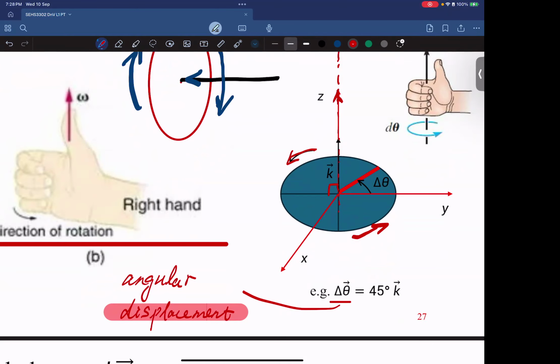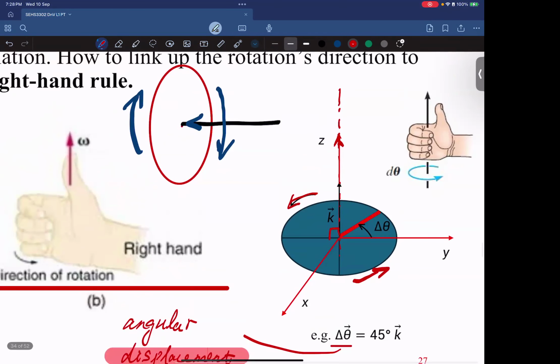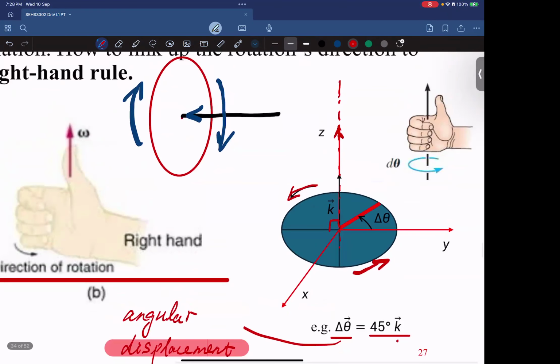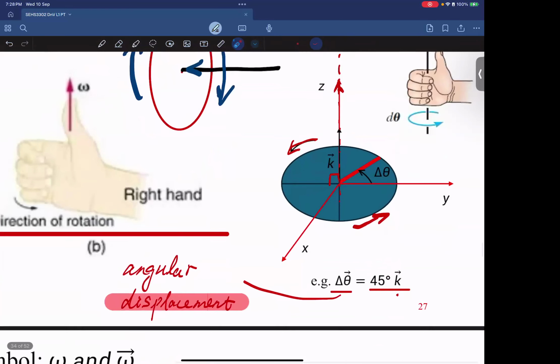Linked up with counterclockwise, it points away from this plate in the positive k direction, because the coordinate system is given here: X is here, Y is here, and Z is here. Then positive k is in line with positive z. Therefore, 45° k means the angular displacement.